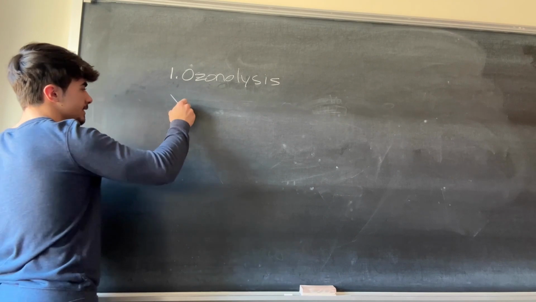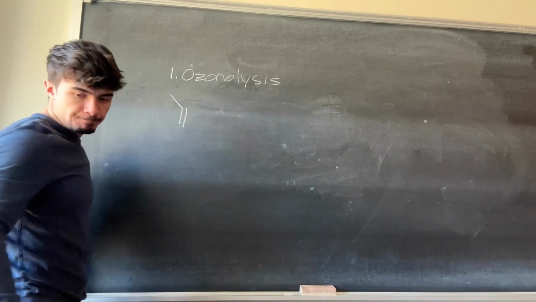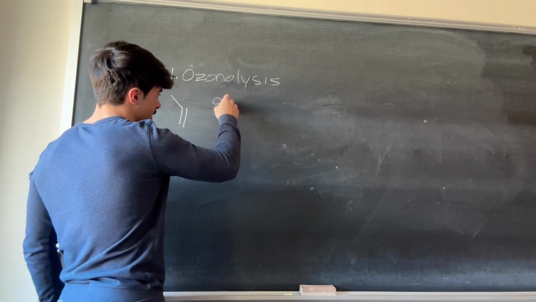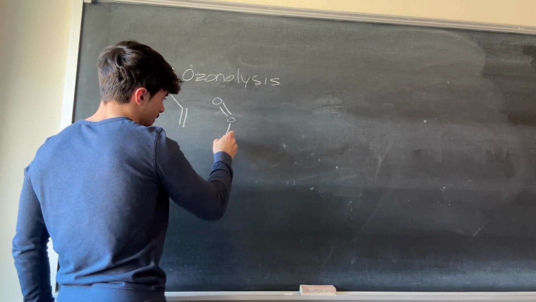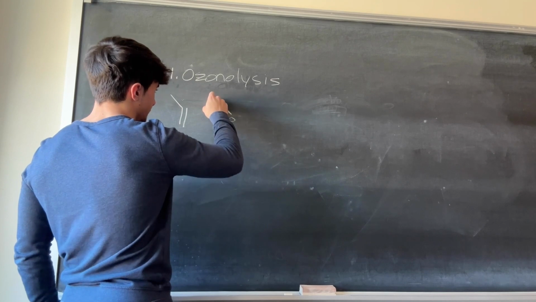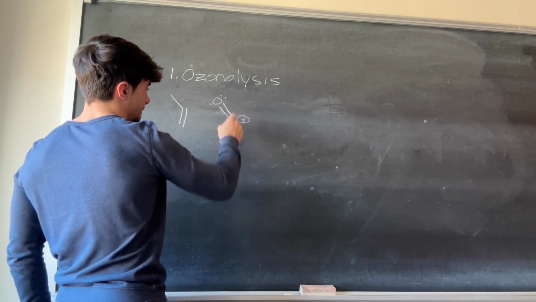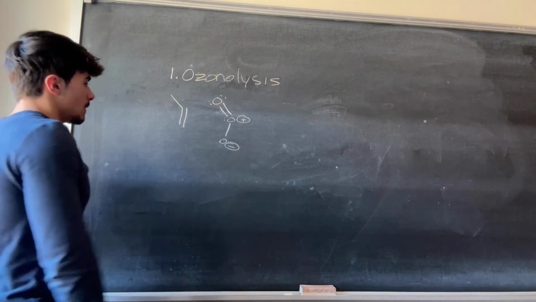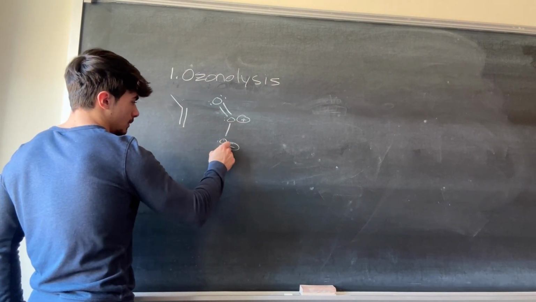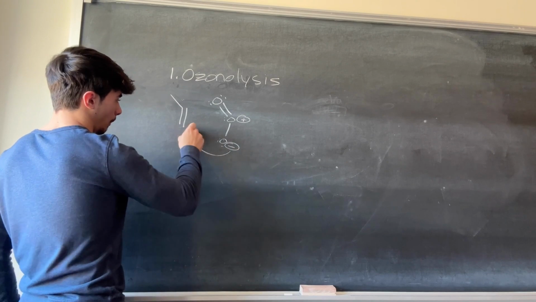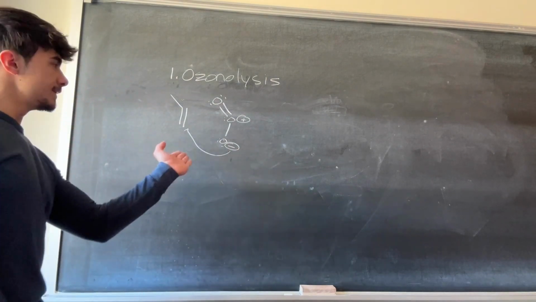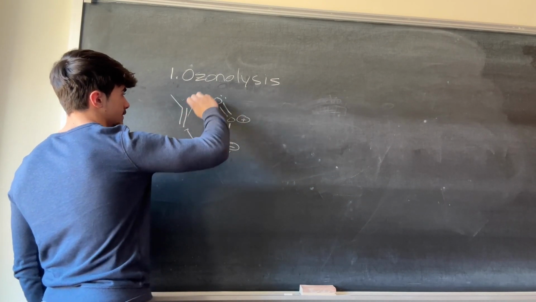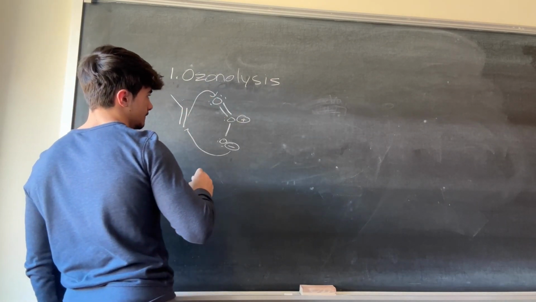So mechanistically, I'm just going to start with a pretty simple alkene, so it's easier to draw throughout the mechanism. Here we have the structure of ozone. This minus charge on this oxygen is going to push electrons to one side of the alkene, which forces those pi electrons to come to this oxygen.